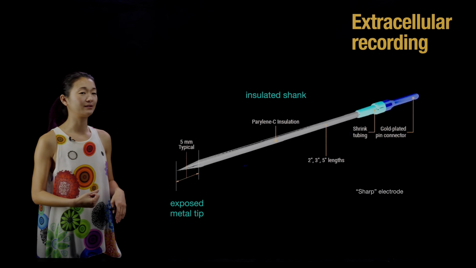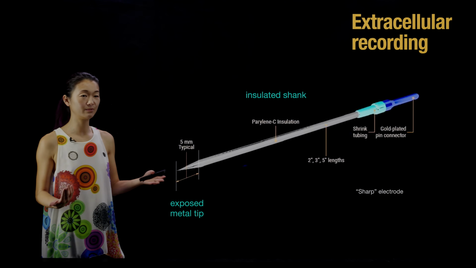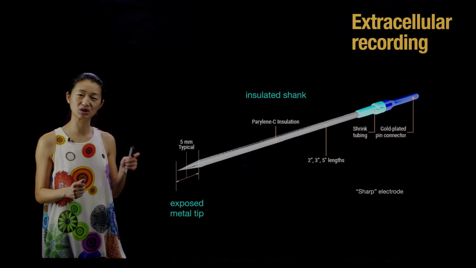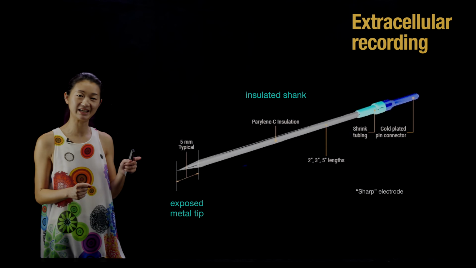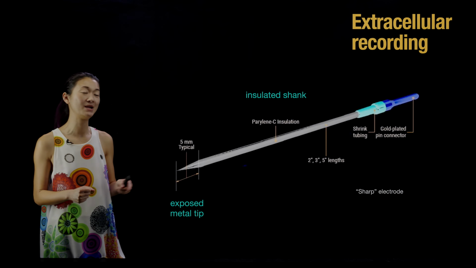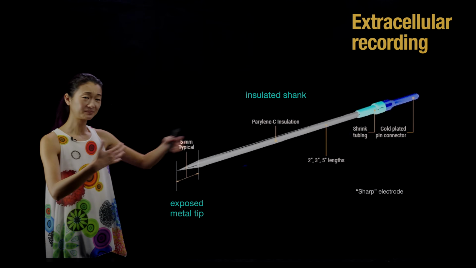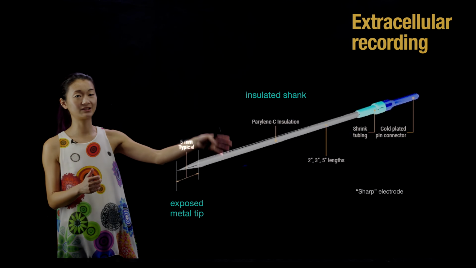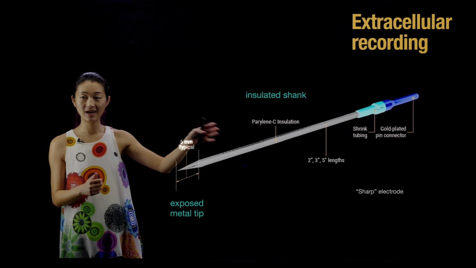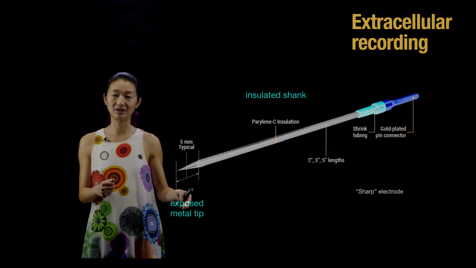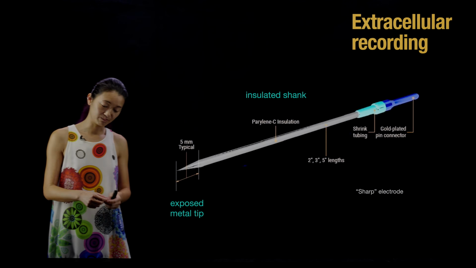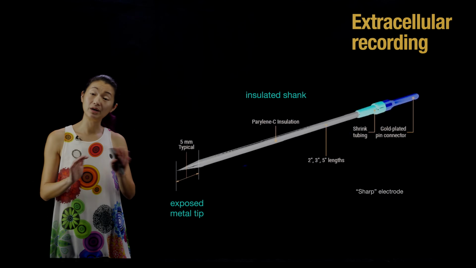Extracellular recording is done by what are called sharp electrodes. The sharp electrode is basically a very, very tiny stabby sword that you can stab into the brain. It's usually a piece of metal that has an electrically insulated shank, and it only has exposed metal at the very tip. You make one as long as you need to, depending on where you're going in the brain.